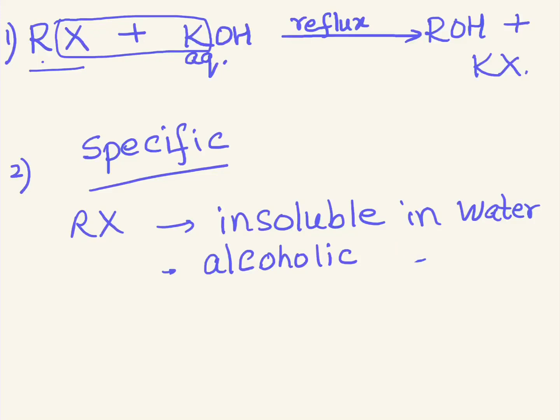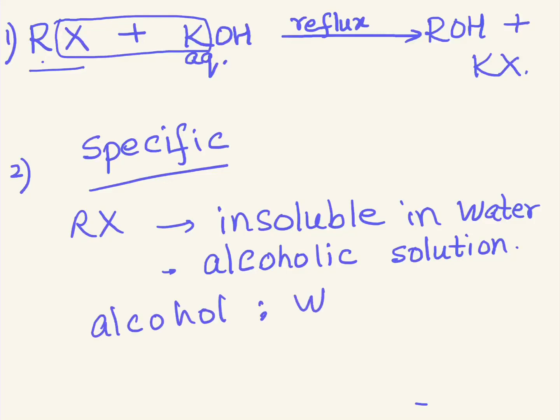We will carry out these reactions in an alcoholic solution, but what will be the ratio of the alcohol to the water will decide whether we will have a substitution product or an elimination product. Oh my God, that's another angle to it. What is this? Don't worry, we'll talk about it later.